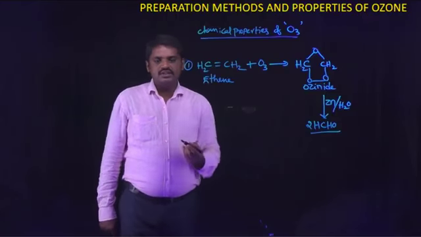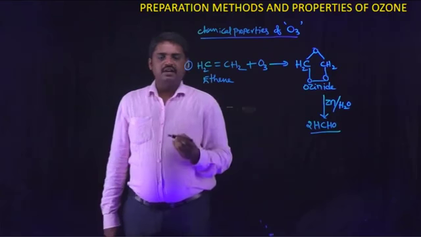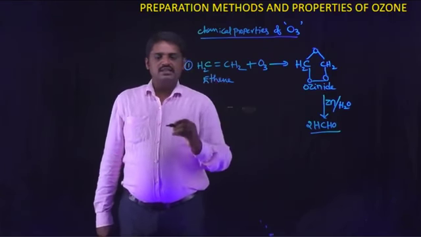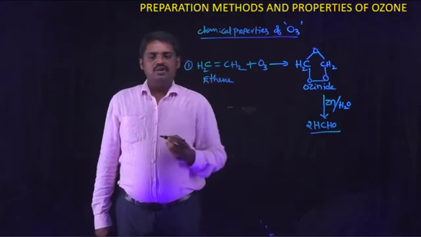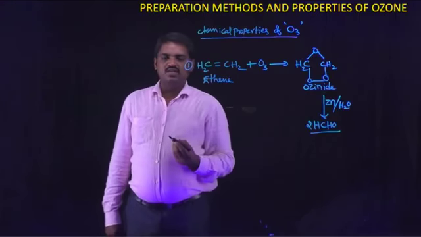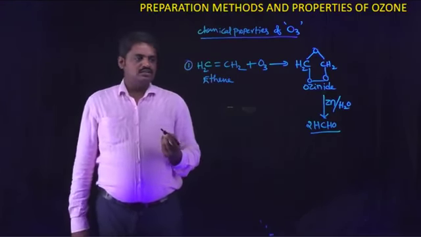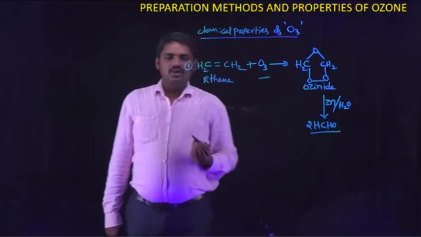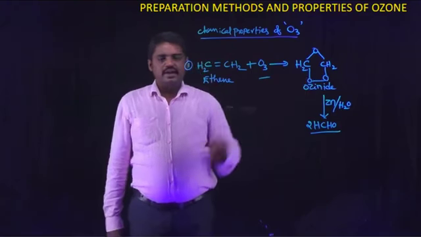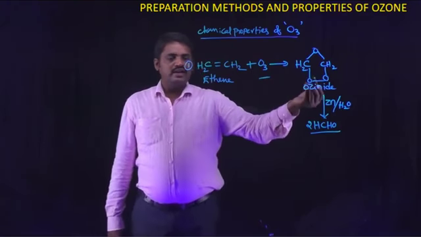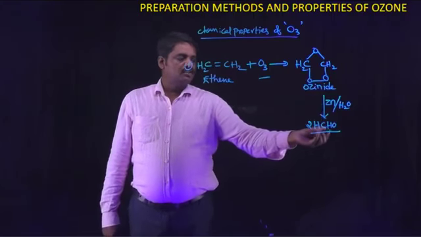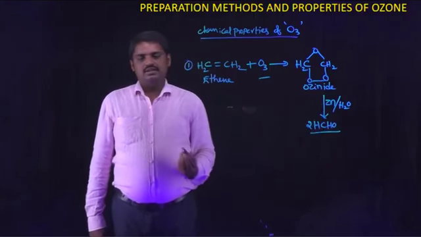A symmetrical alkene has a double bond functional group with the same groups on both sides. Symmetrical alkenes react with ozone to produce ozonides, and these ozonides react with the reducing agent in the presence of water to produce aldehydes.